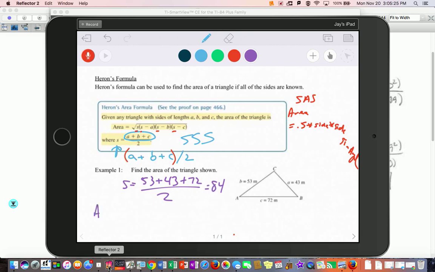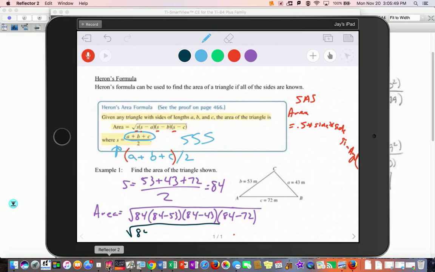And then the area formula is to simply take that 84, and then you do 84 minus 53, 84 minus 43, and 84 minus 72. Now in this case, these aren't too bad of numbers, so it might be easier just to do 84, and this would be times 31, and this would be times 41, and this would be times 12.